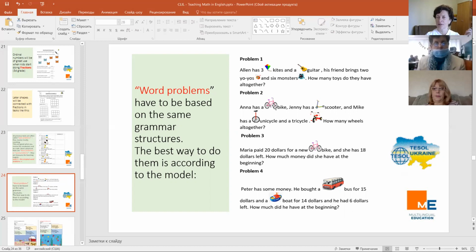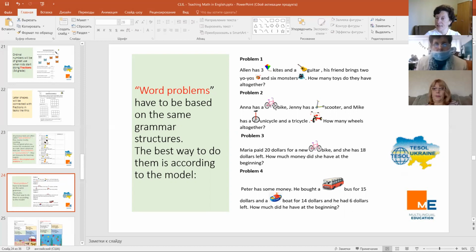So we put also the picture after the word or in front of the word, so that if the kids don't remember how to read, they will remember how to pronounce the word just because they know it. And these are the problems for the 2nd grade.